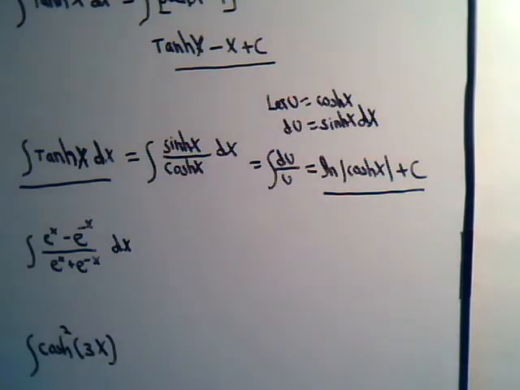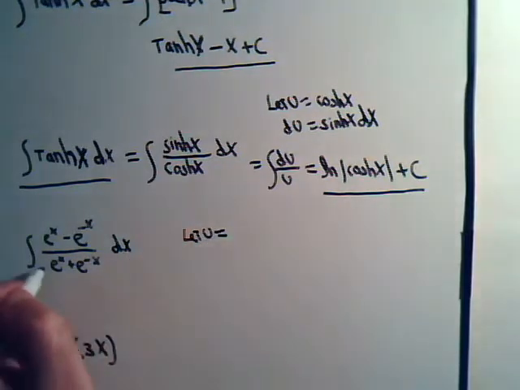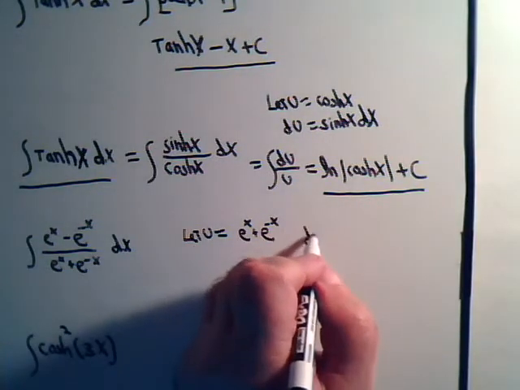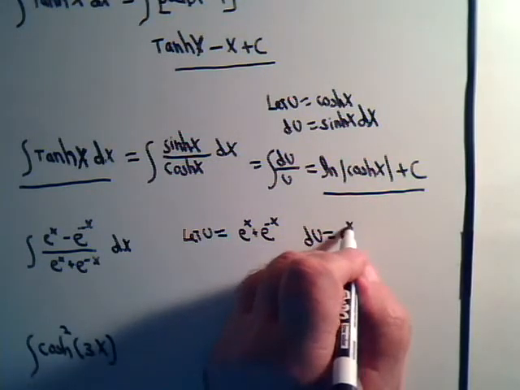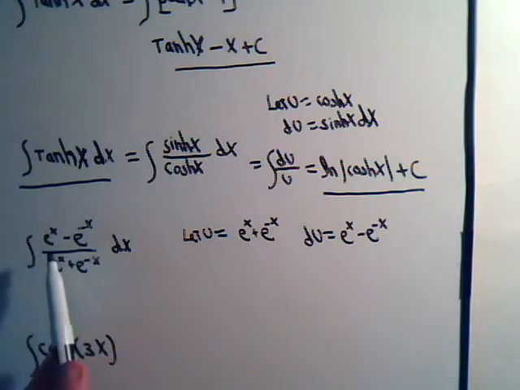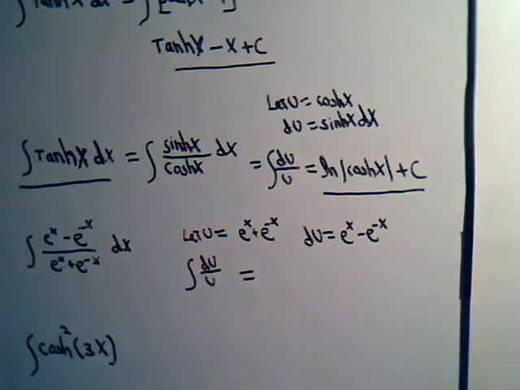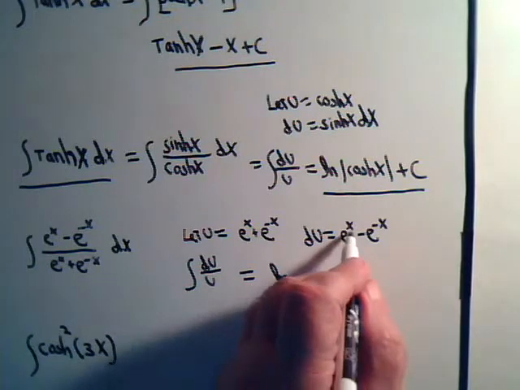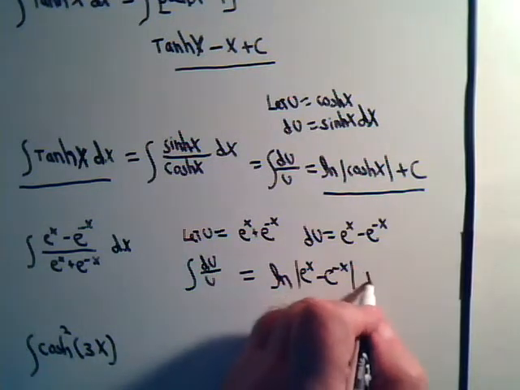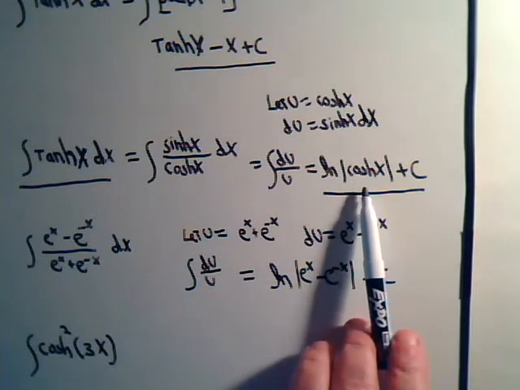So saying let u equal this, then du is this, and this would be minus e to the minus x, which is what our numerator is, so this will become the integral of du over u, which would equal the natural log of e to the x plus e to the minus x, plus an arbitrary constant.